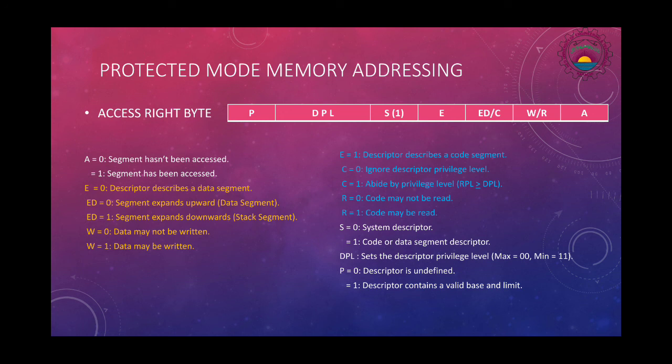Whenever the operating system accesses some segment, it places 1 at A to show that this segment has recently been accessed. Otherwise, if A is 0, that means this segment hasn't been recently accessed. So that is the last bit of the access byte.